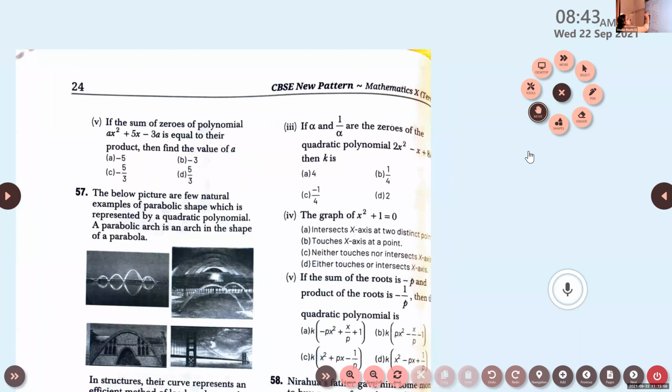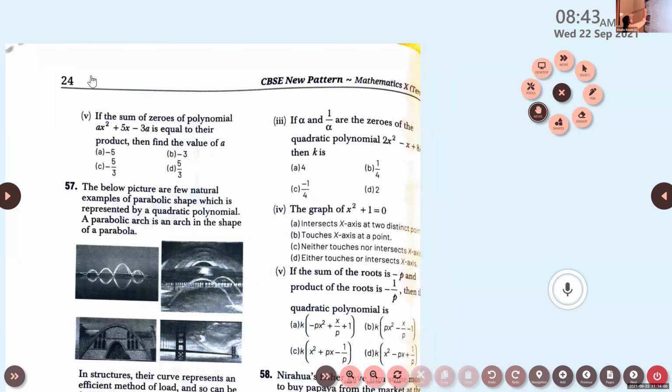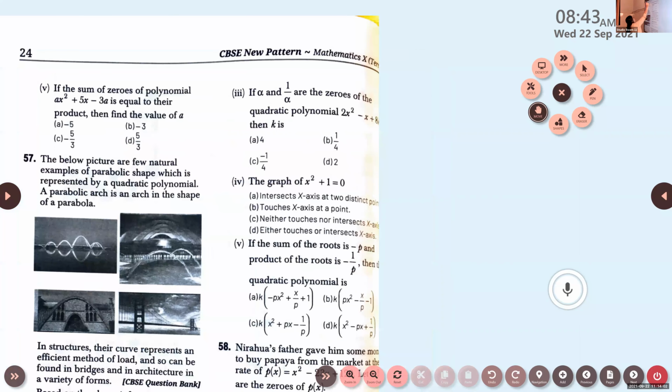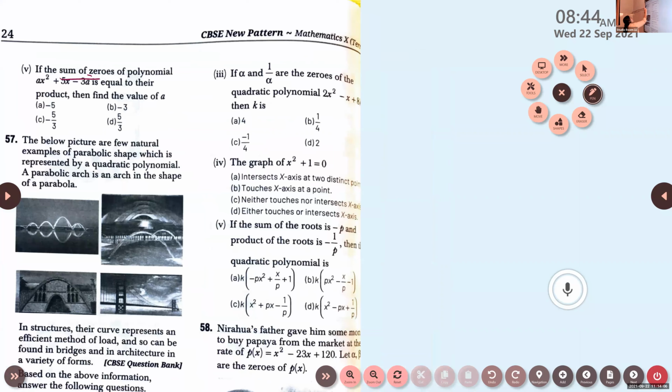Sum of zeros of the polynomial is equal to their product. So what can we write?